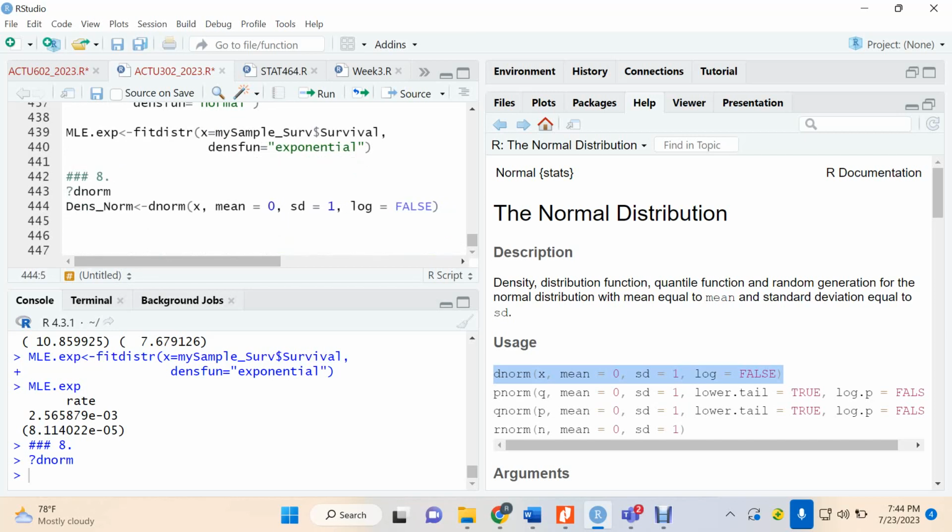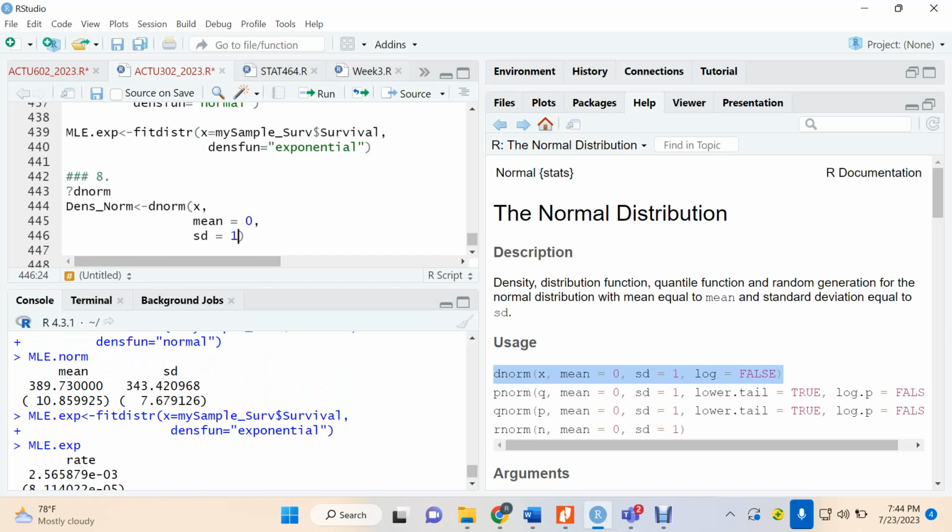So the X is your data. But remember that we found estimates for what? The standard deviation and what? And that one. So let me see. The other one was SZ. Yeah, we found the standard deviation. So for the normal, our X is what? My sample survival. Right? What is your mean?